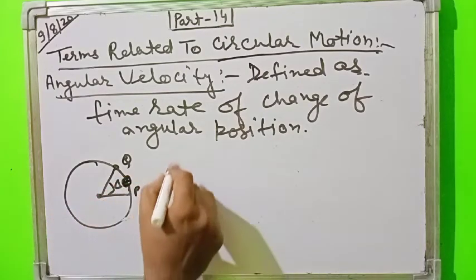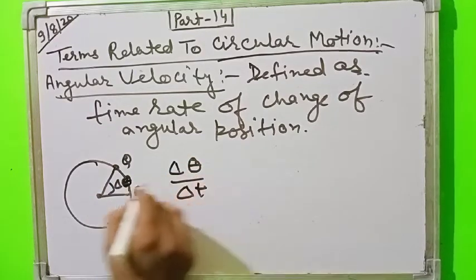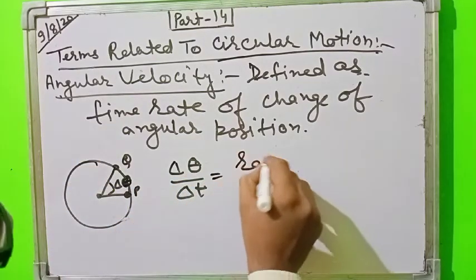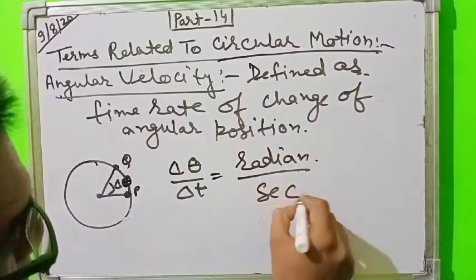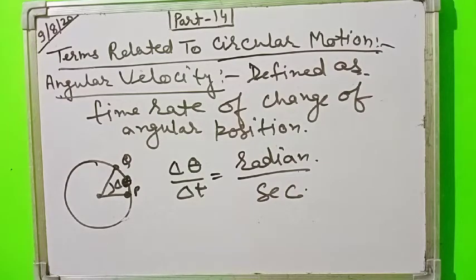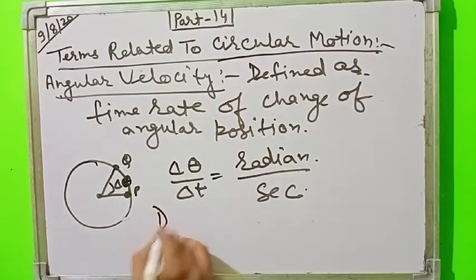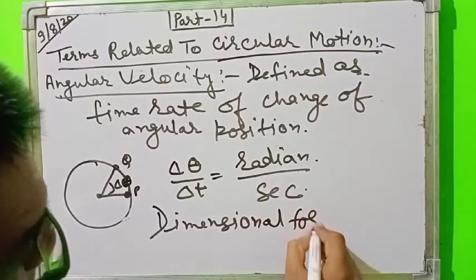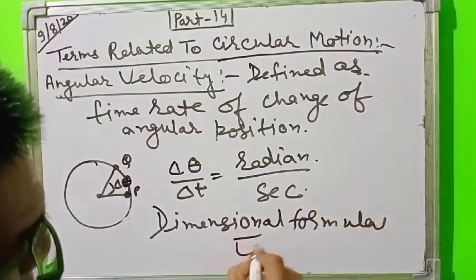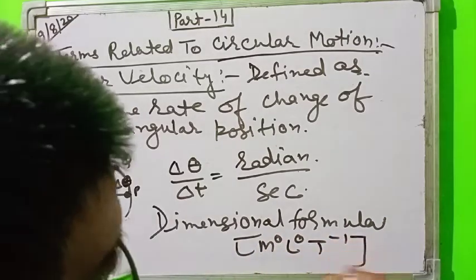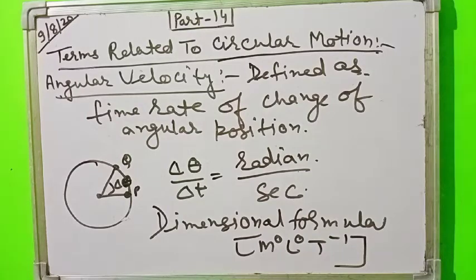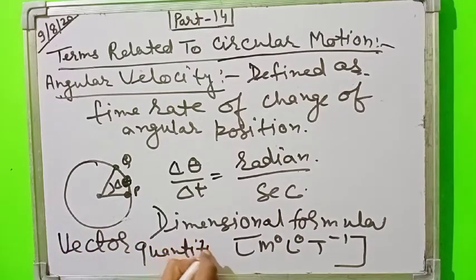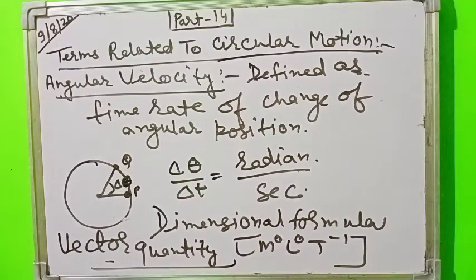Delta theta is the change in position, so delta theta per unit time, delta t, the difference between the time at point P and the time at point Q. The ratio is radian per second, which is its unit, and its dimensional formula is M0 L0 T minus 1. Angular velocity is a vector quantity.